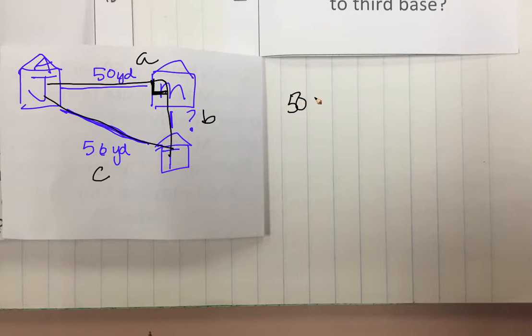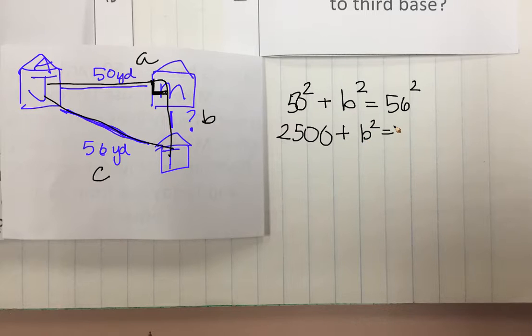So we have 50 squared plus B squared equals 56 squared. 2,500 plus B squared equals, let's see what 56 squared is. 3,136. Start solving.